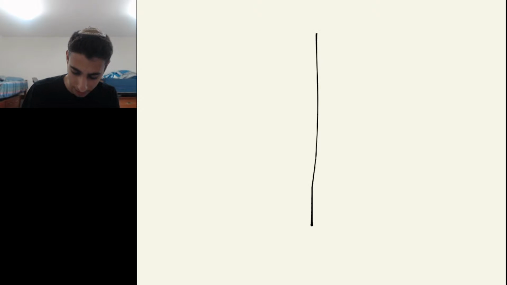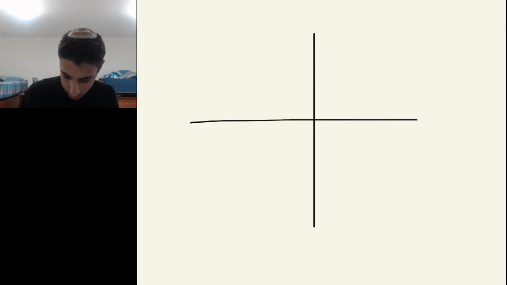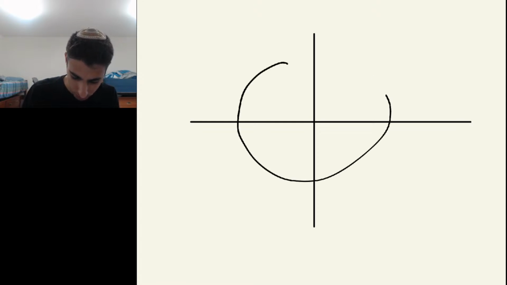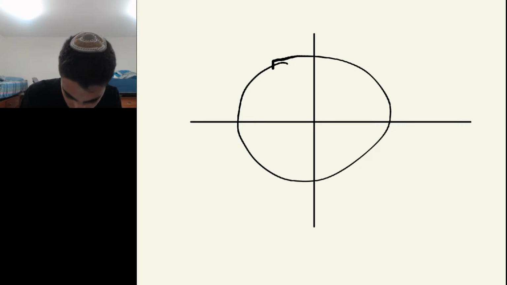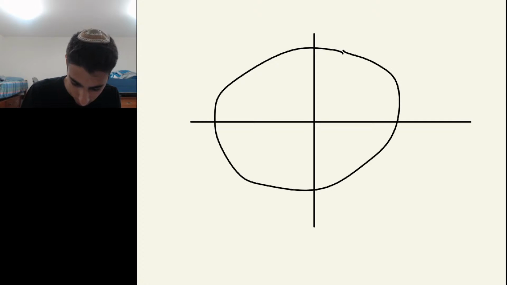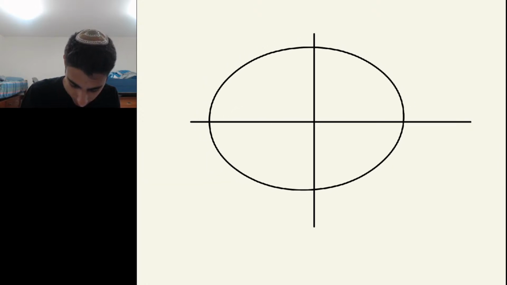So imagine we have an x and y axis. And then imagine I draw a circle for you. I need to click shapes. I want to make a circle. No, that's an ellipse. I want a circle.